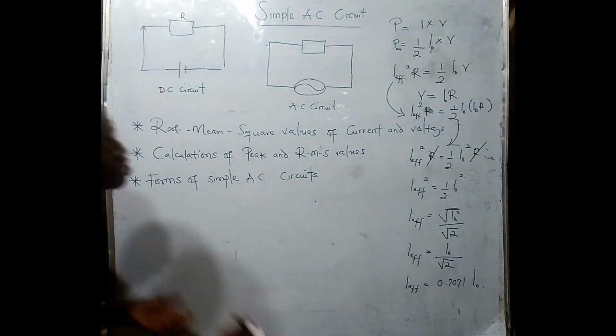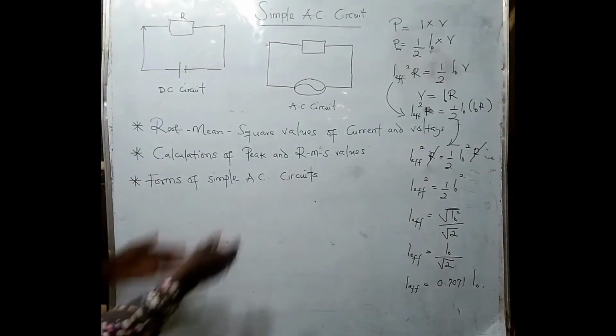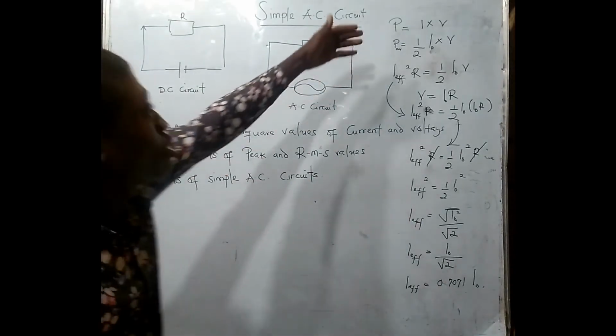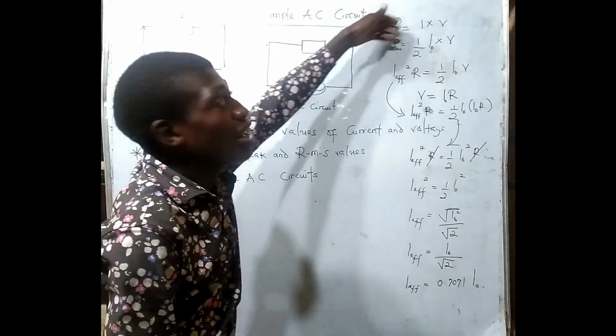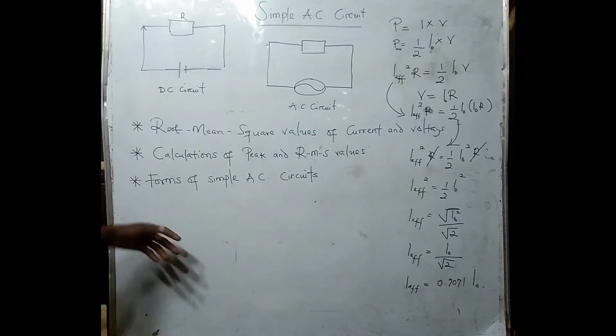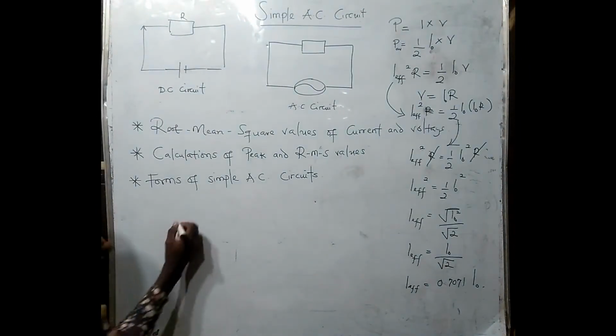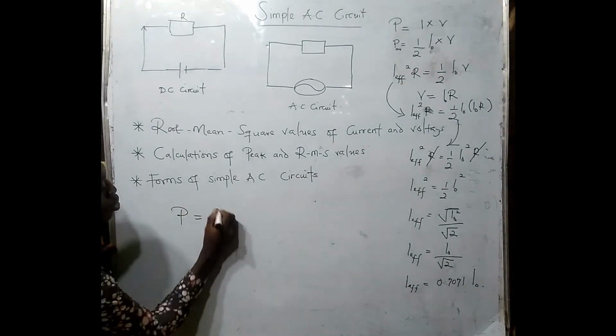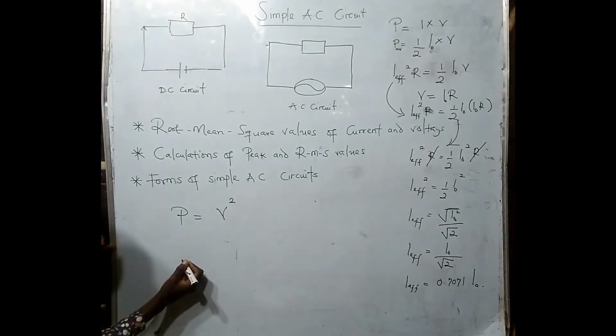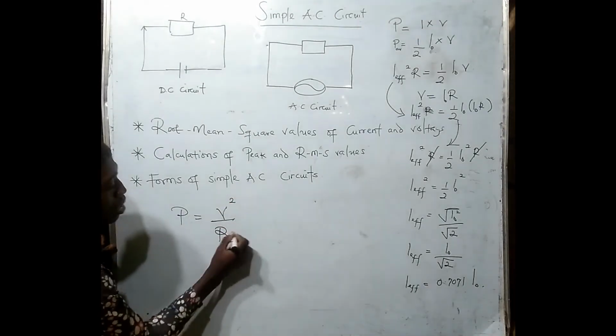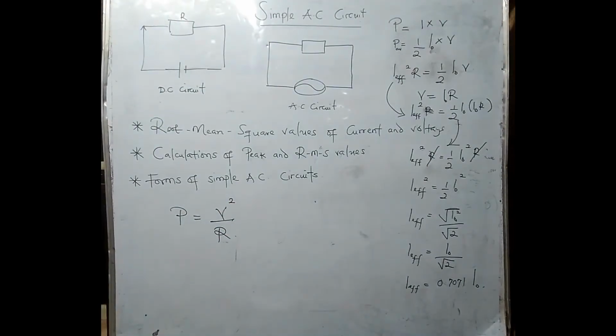We know that there is a relationship between power, voltage and resistance, just as we have it here, power, current and voltage. So in this way, we know that our power can also be equals to V square all over R.